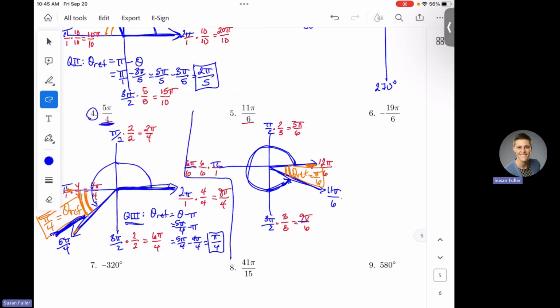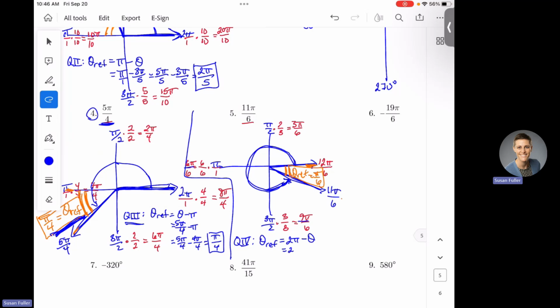And again, if your brain doesn't like the visual there, if you want to use our formulas from class, this is a positively rotating angle in one rotation of the circle. So in quadrant 4, our equations said that theta ref was going to be 2 pi minus my angle.